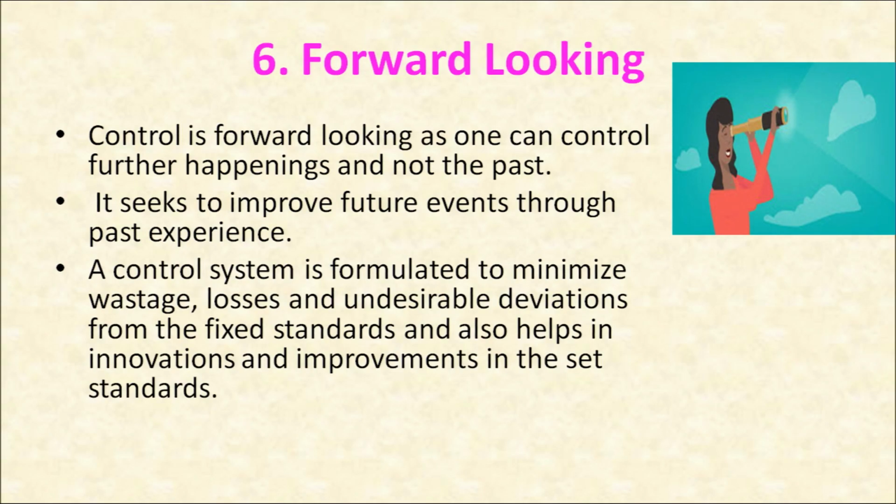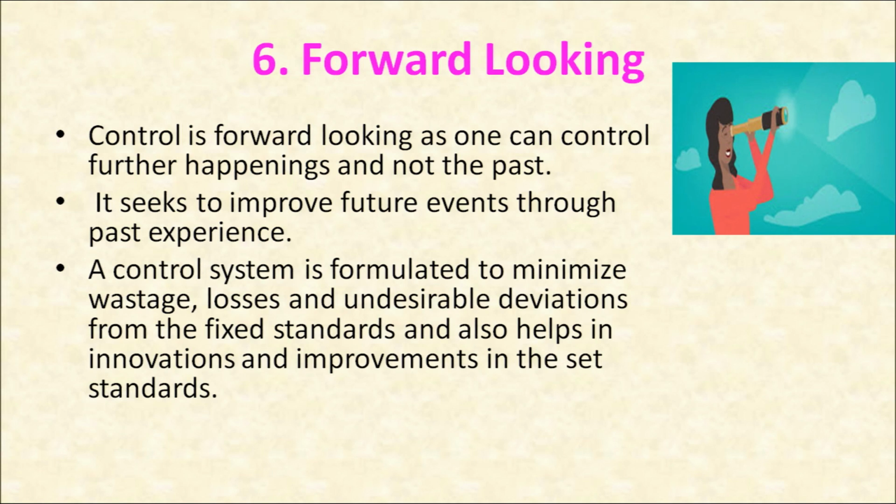Then it is a forward looking approach. Forward looking means something that takes into consideration what is going to happen in the near future. So controlling is forward looking, although it seeks to ensure that you are measuring the past performance, or doing a postmortem of the events that have already occurred.